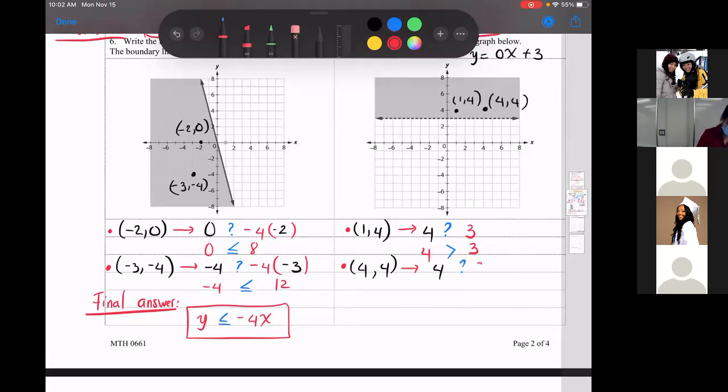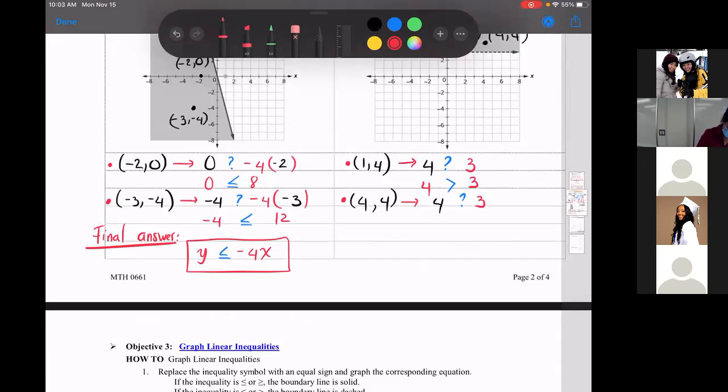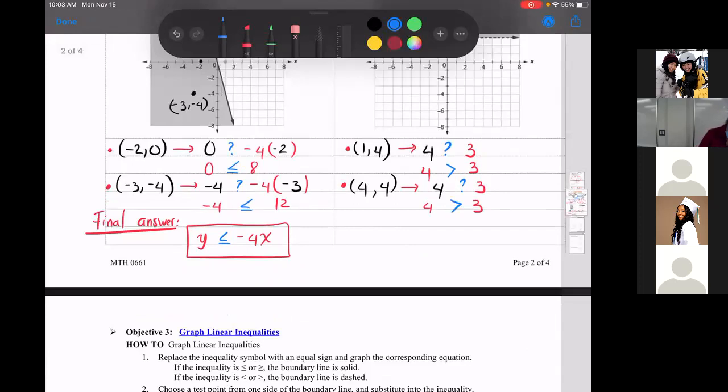It's still 4, still greater than 3. Y will always be 3 or bigger than 3, right? Okay, so your final answer will be y is bigger than 3.